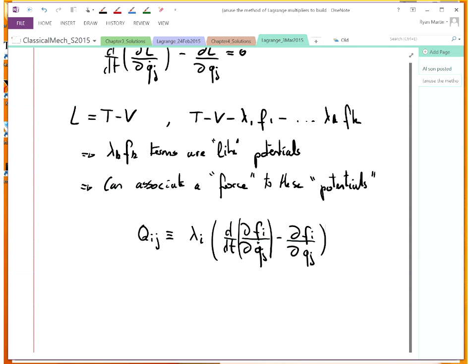When you think of a constraint, it is in general associated with a force. So think of a constraint of a hoop rolling down an incline, which is the last example that we did last Tuesday. There's a constraint that the hoop, for example, rolls without slipping. So for a hoop to roll without slipping, there has to be a force that prevents it from slipping and makes it turn, right?